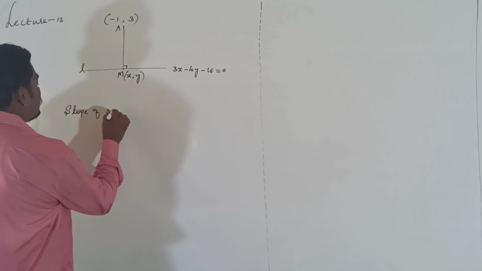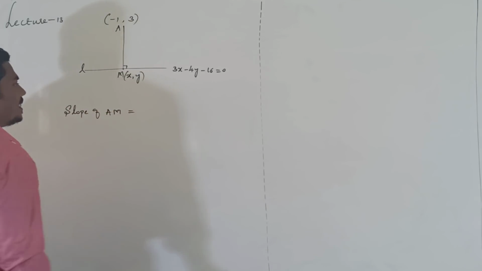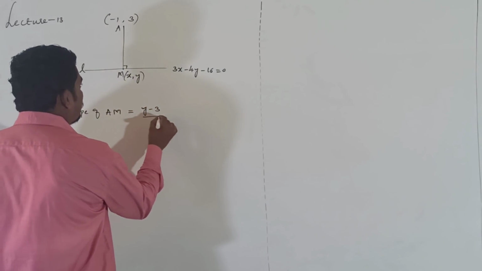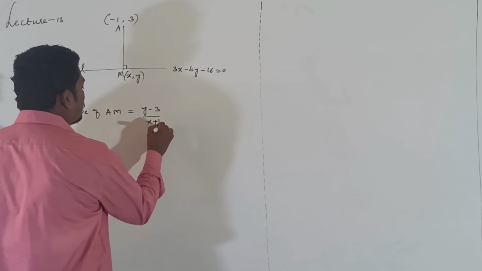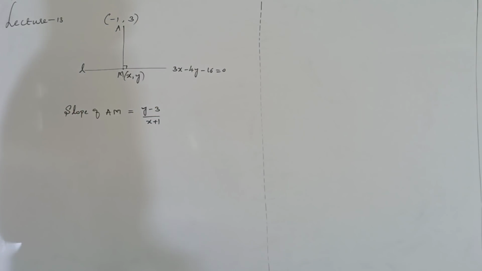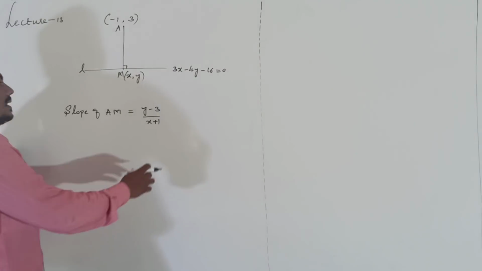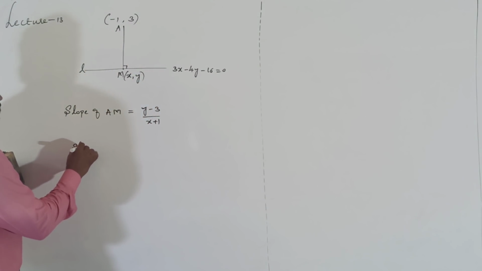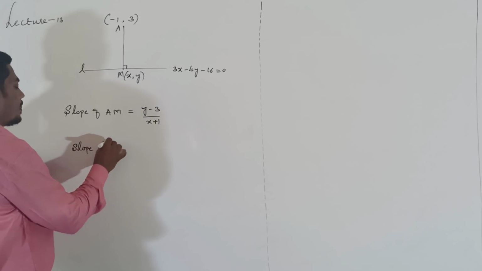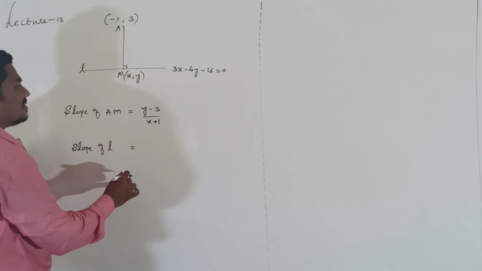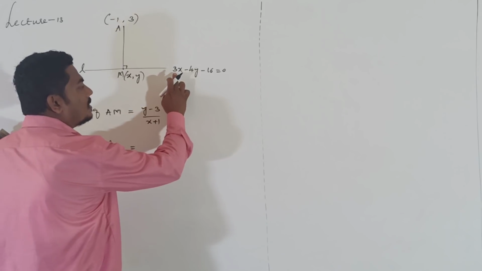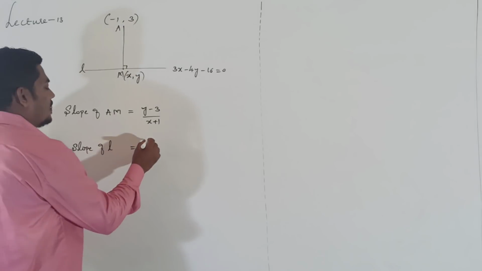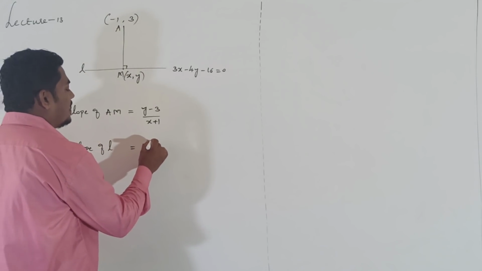First tell me the slope of AM. Slope of AM is y minus 3 divided by x plus 1. Then what is the slope of L? Line L is like ax plus by plus c equal to 0, so the slope is minus a divided by b.